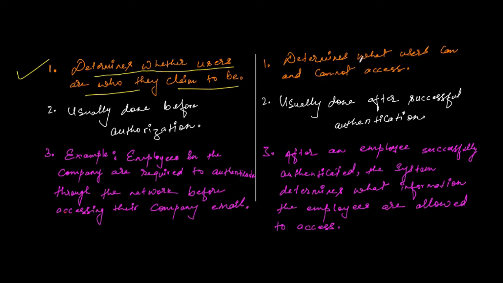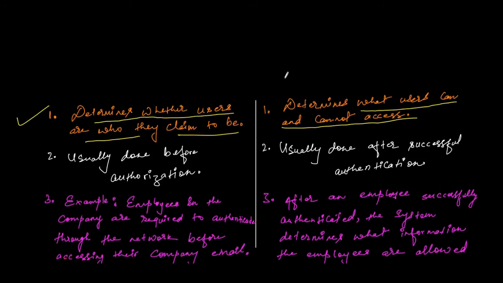And in the authorization process, we generally determine what users can and cannot access. For example, in the case of Gmail, the user was only authorized to access the email services of Google.